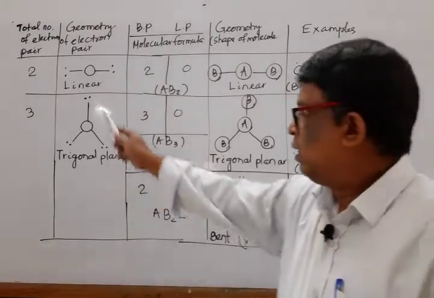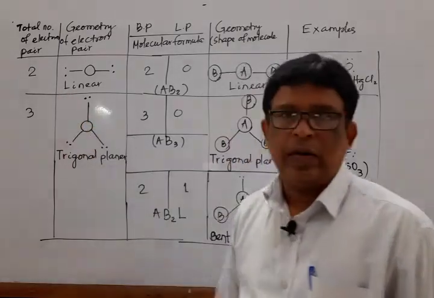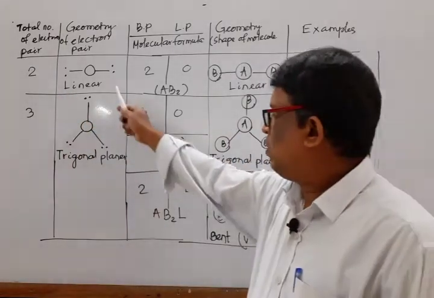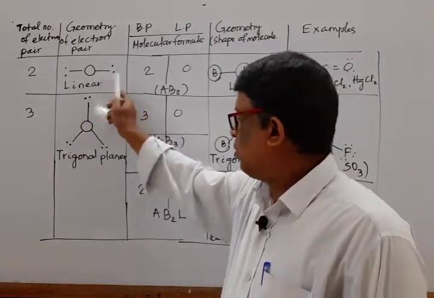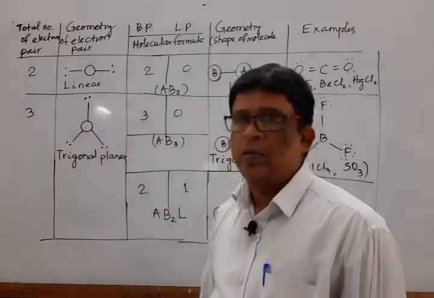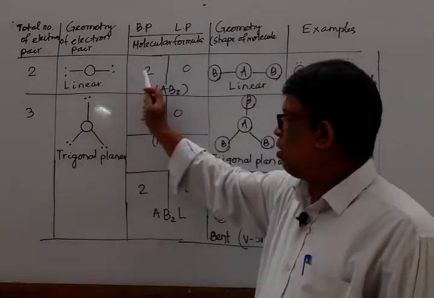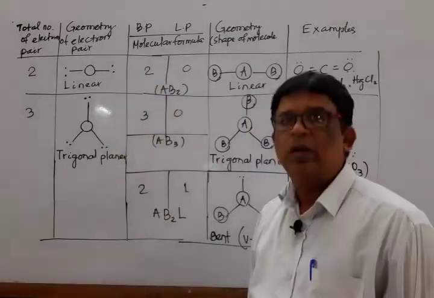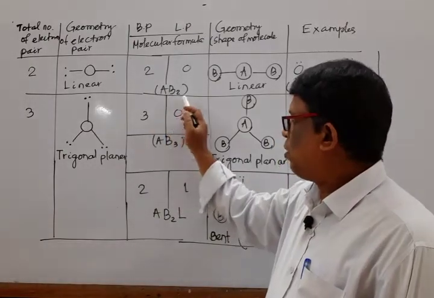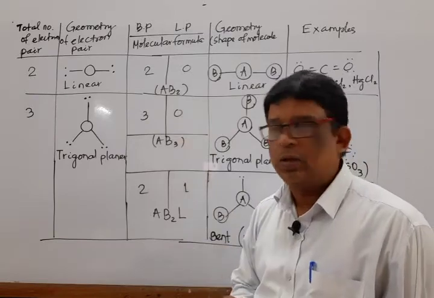Case 1, that is the total number of electron pairs is 2 and the expected electron pair geometry is this one. Two symmetrical atoms possess one pair, then it is a linear structure. Here both are bond pairs and lone pair is 0. Then the molecular formula is AB2. So 2 bond pairs and lone pair is 0.